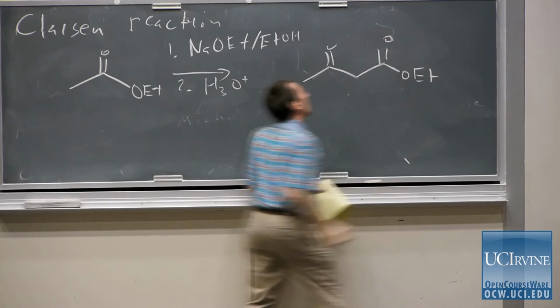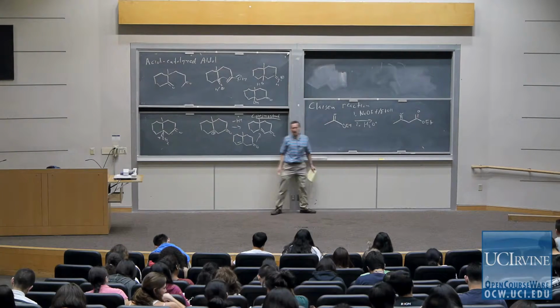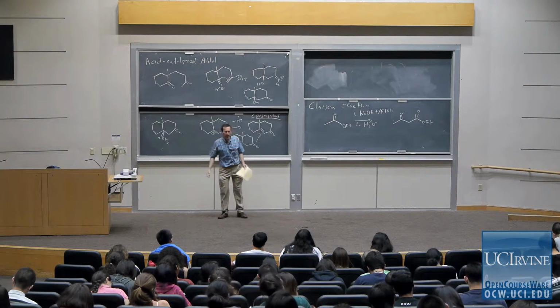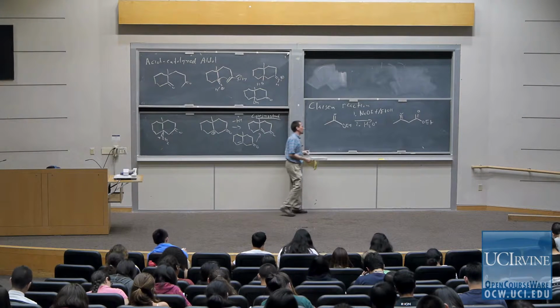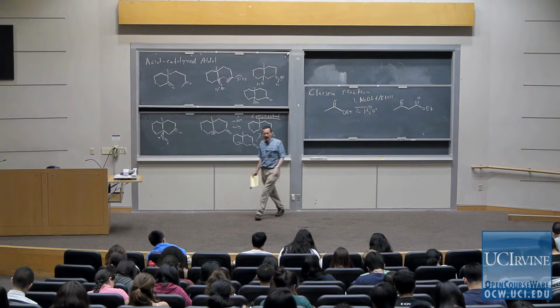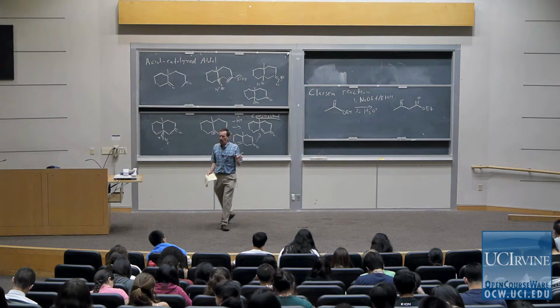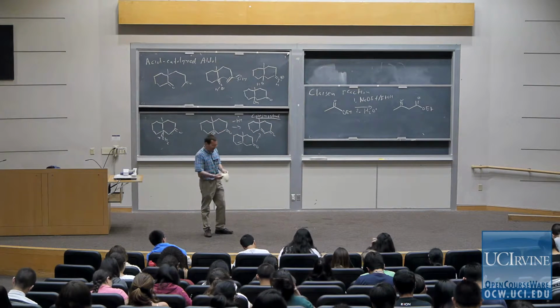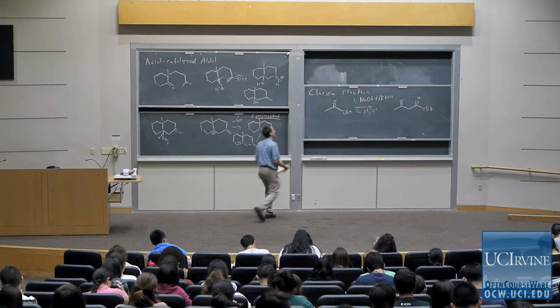You get ethyl acetoacetate, ethyl 3-oxobutanoate. So this reaction involves more carbonyl chemistry of the precise sort that we've seen before.